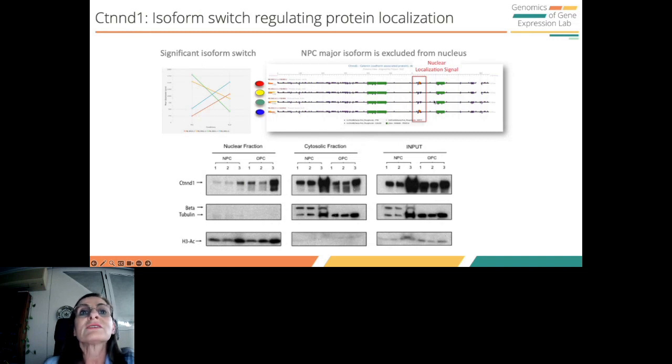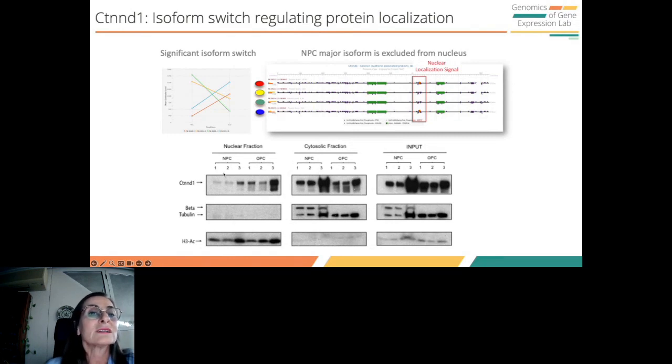When we look at the functional content, this is the TAPAS annotation, we see a difference between these 2 patterns that is associated to the inclusion of a nuclear localization signal. The isoforms that are expressed in oligodendrocytes have the inclusion of the nuclear localization signal, but not the ones that are expressed in the progenitor cells, where the cytosolic fraction is kind of similar.